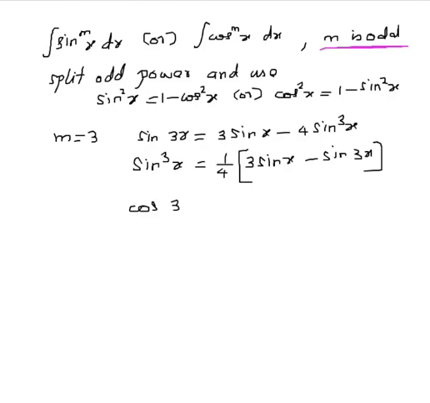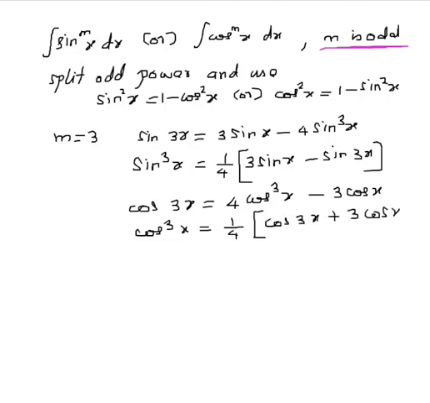Similarly, the cos 3x formula can be used for the cos cube function. Cos 3x is 4 cos cube x minus 3 cos x. Therefore, cos cube x is 1 by 4 times cos 3x plus 3 cos x.